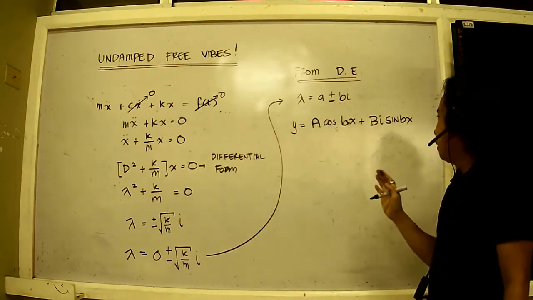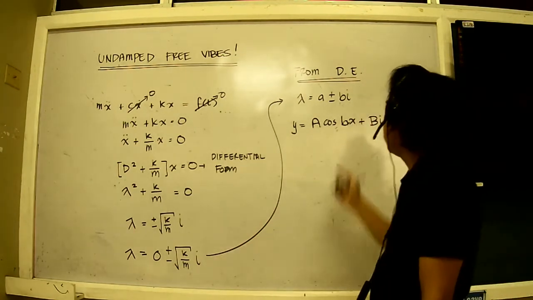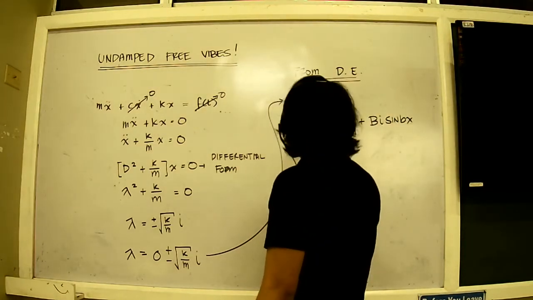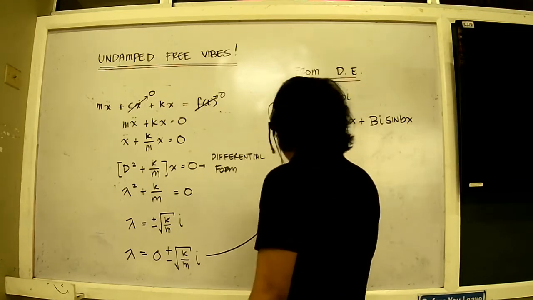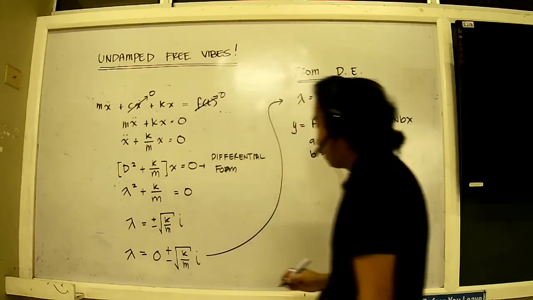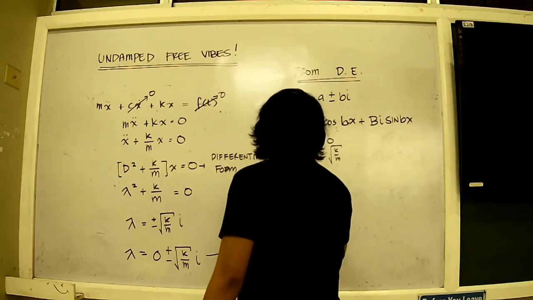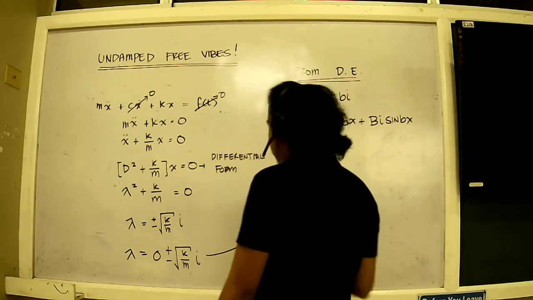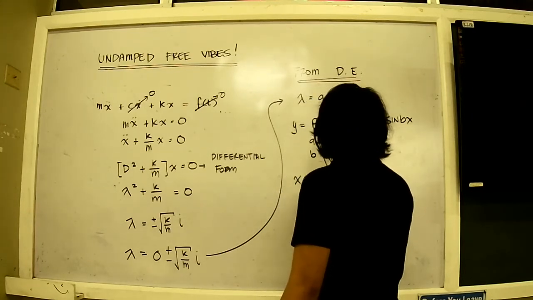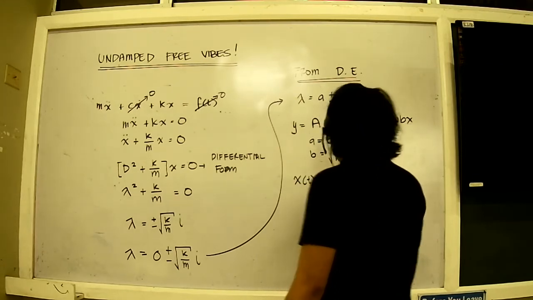In this case, a is equal to 0, and b is equal to the square root of k over m. Now, if I were to try out analogy, this would easily come out as a cos of the square root of k over m times t, but this is a function of t.